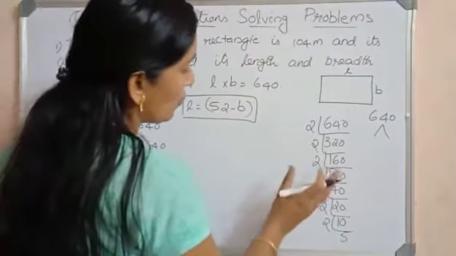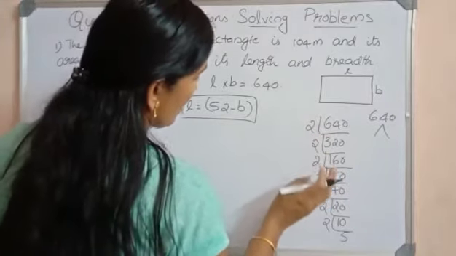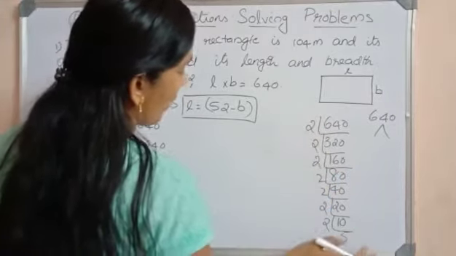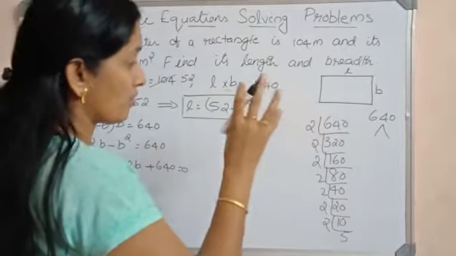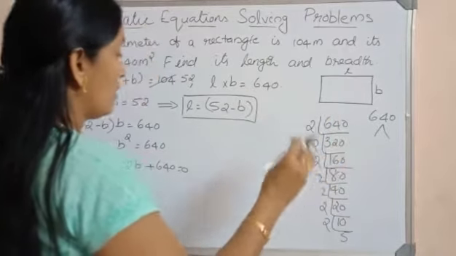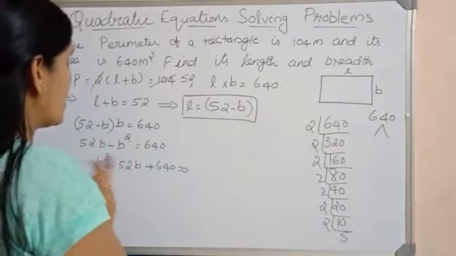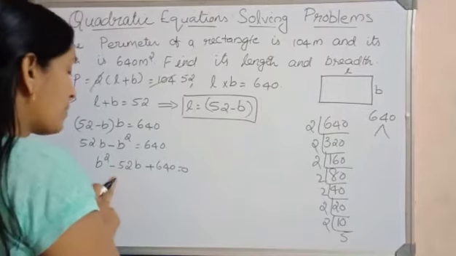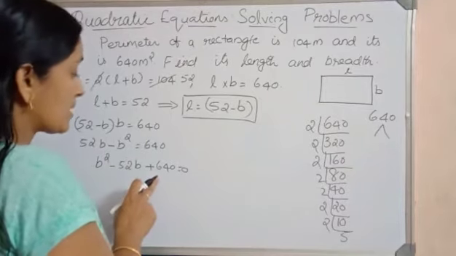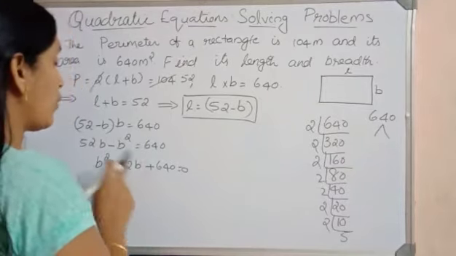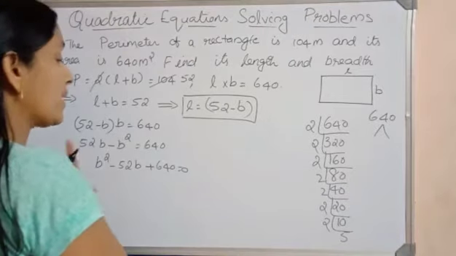Now you have to consider a few factors in one group and other factors in the other group, so that you can get two numbers such that the sum is minus 52. Here the sum is minus 52 and the product is plus 640. So both the numbers will be of the same sign, that is both will be negative.